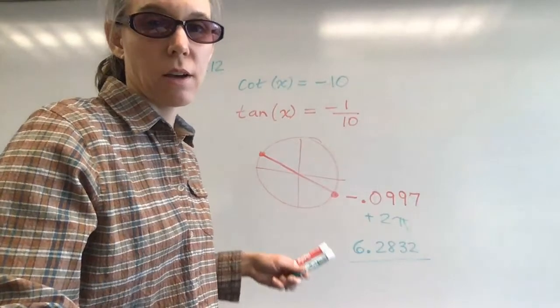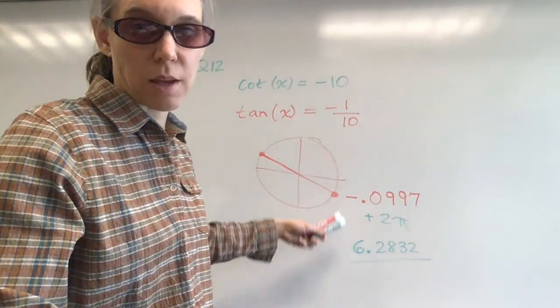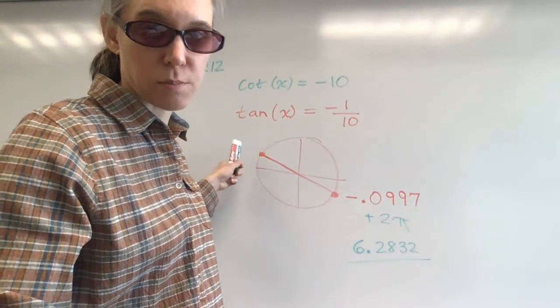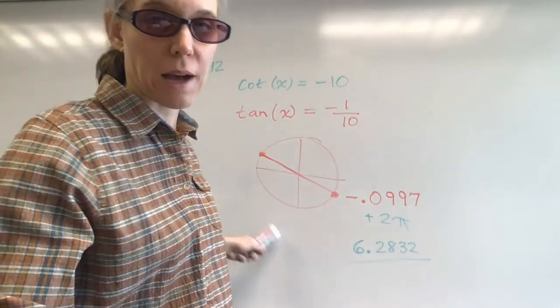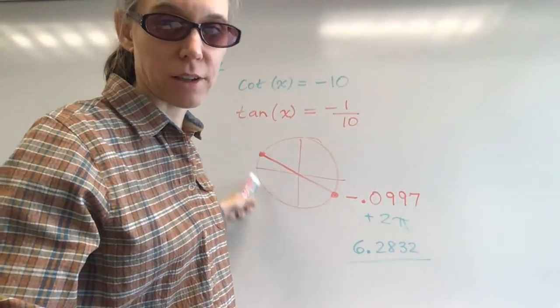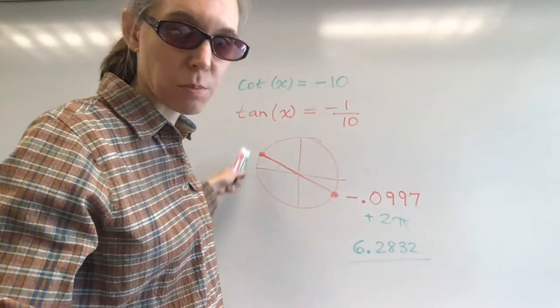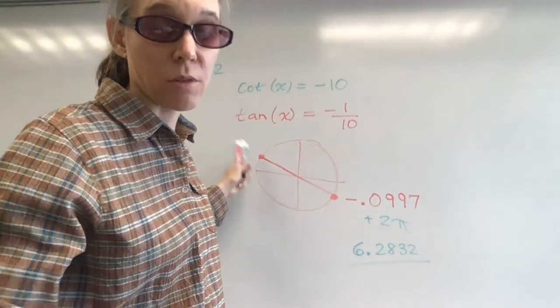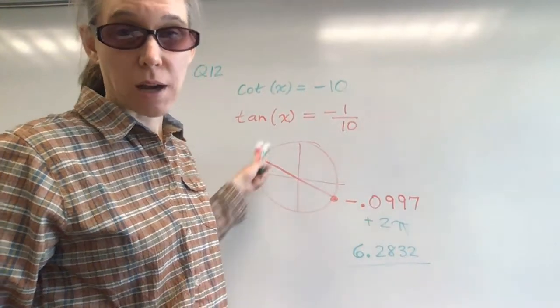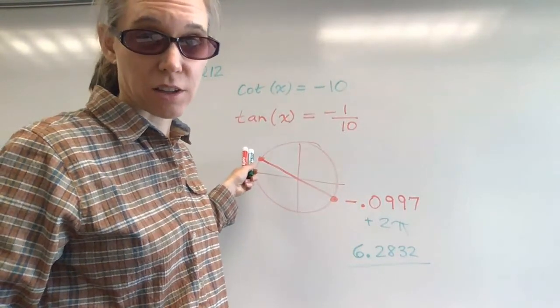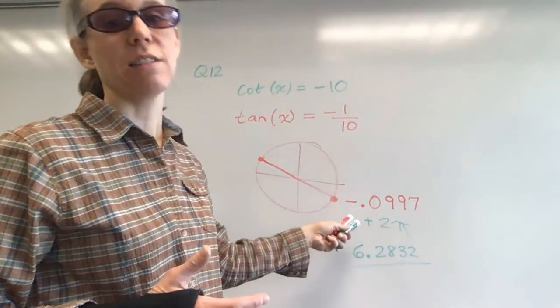Now going back to here, if this is 6.2832, what is this previous one right here? This previous one is 1 pi back from that value, so we simply subtract pi from that value. Alternatively, you could have started at this negative value, added pi, written down the answer en route to adding a second pi.